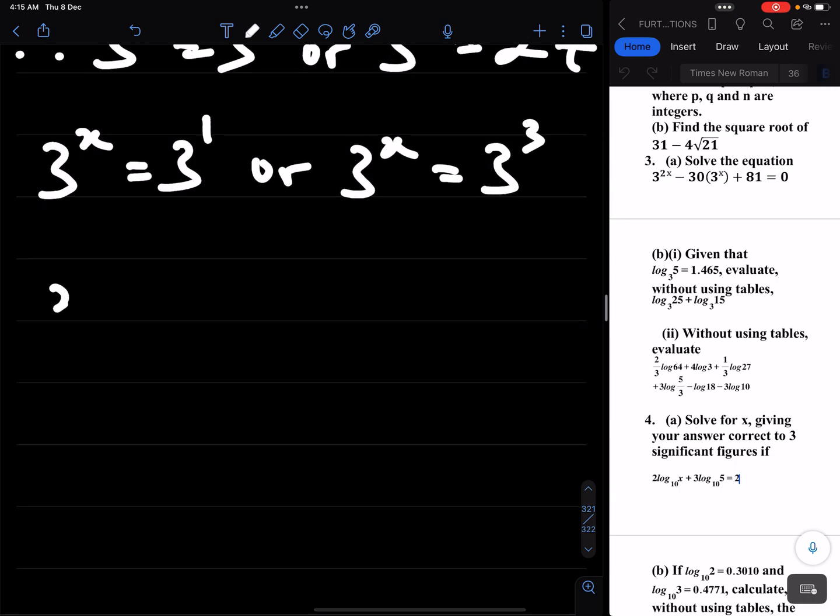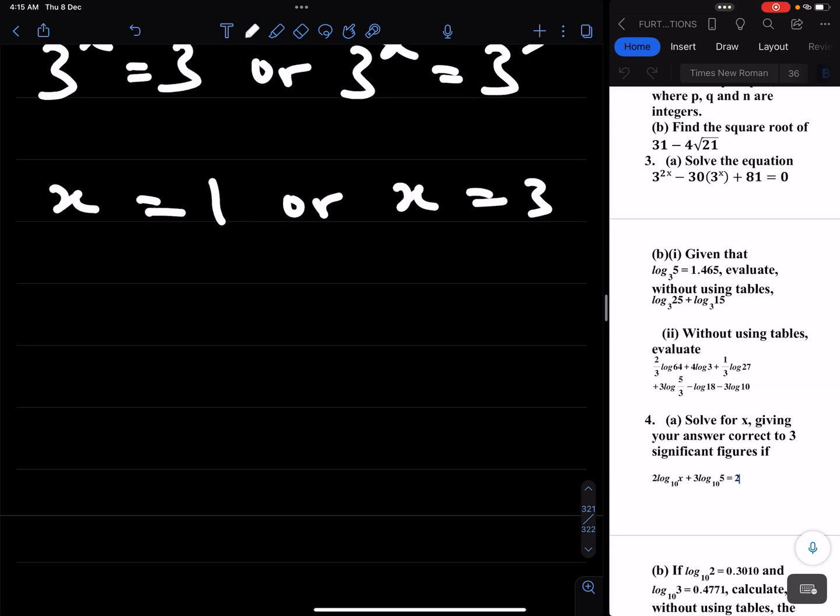And that therefore means x equals 1 or x equals 3. You know, when bases are the same, you can equate powers. So that's 3a.